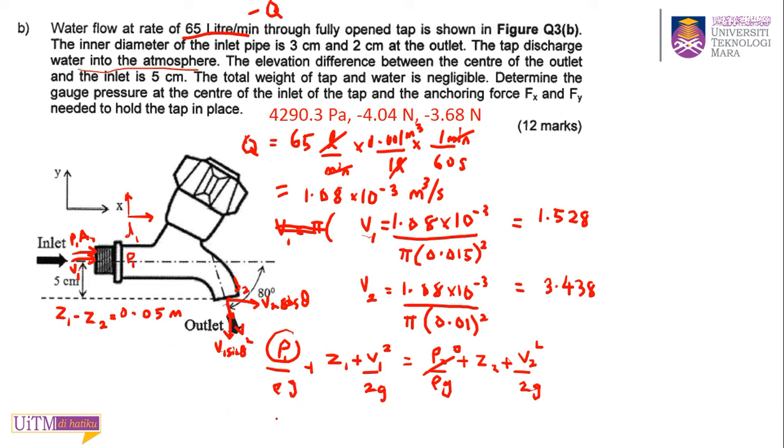So P1 equals, if you can calculate, V2 squared over 2G minus V1 squared over 2G, and then minus Z1, 0.05, and then times rho water times G. What is the value of P1?